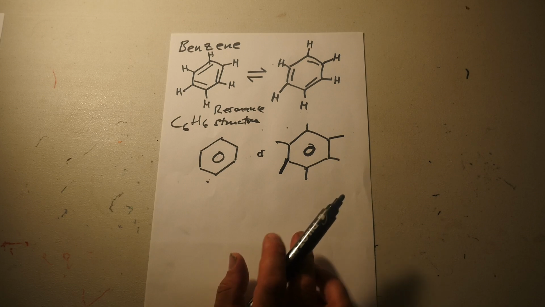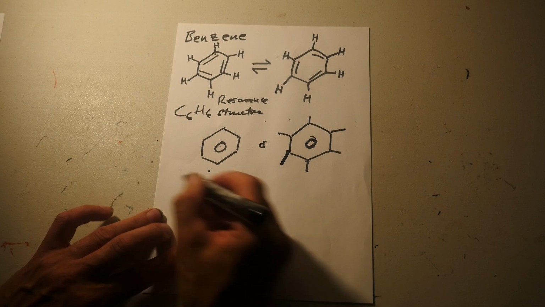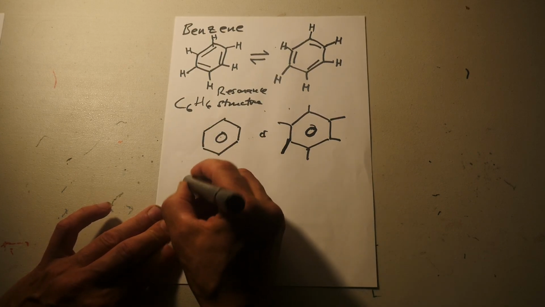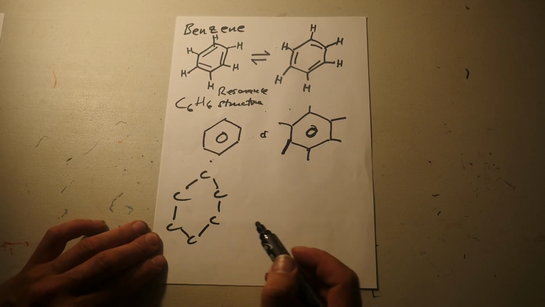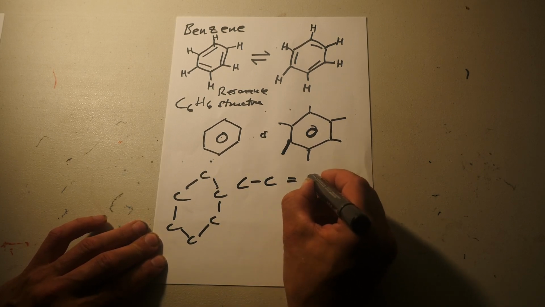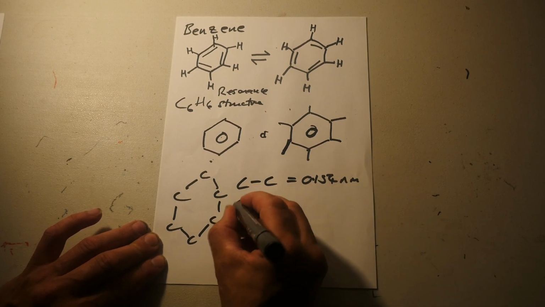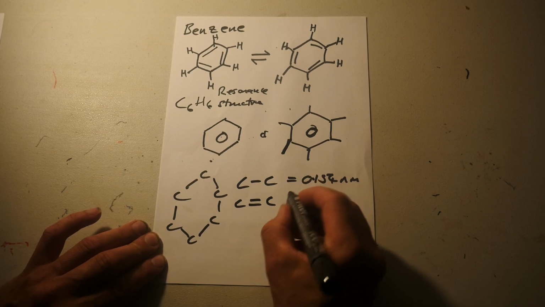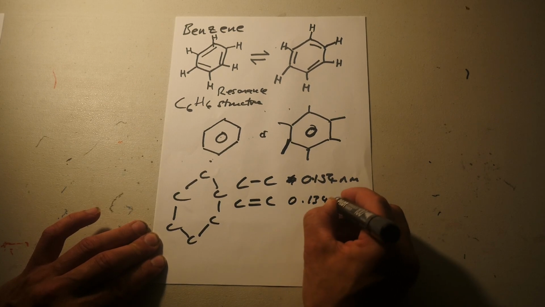In benzene, I should point out, when you have this structure, it's basically a 6 carbon molecule like that. Each of the carbon-carbon single bonds is equal to 0.154 nanometers, and the carbon-carbon double bond is equal to 0.134 nanometers.